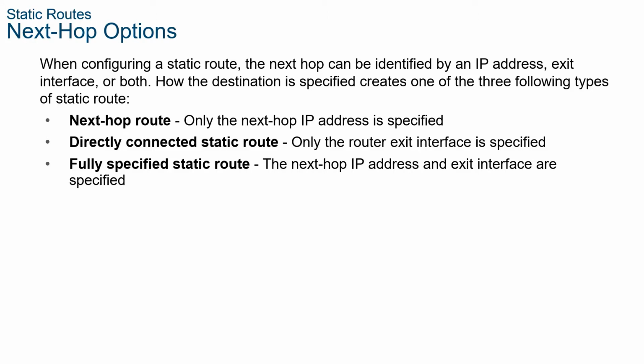Okay, only the next hop IP address is specified. You also have the directly connected static routes. Only the router exit interface is specified. And then the third one is the fully specified static route. The next hop IP address and the exit interface are specified.